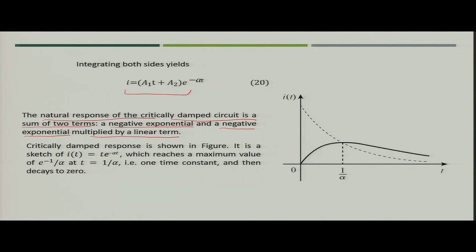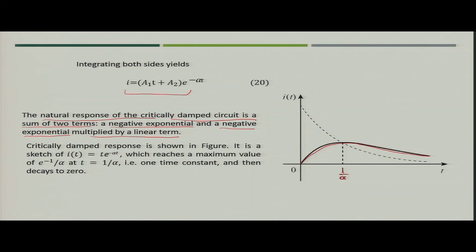So, in that case, what will be the response? If you plot the variation of current I with respect to time t, the response would be like shown in the figure. Now, if you see at time t equal to 1 by alpha, what will happen?